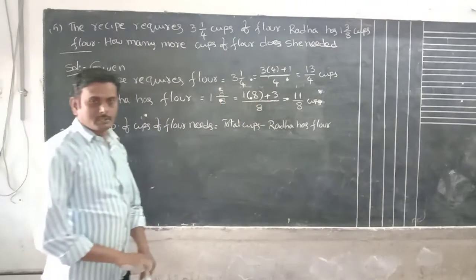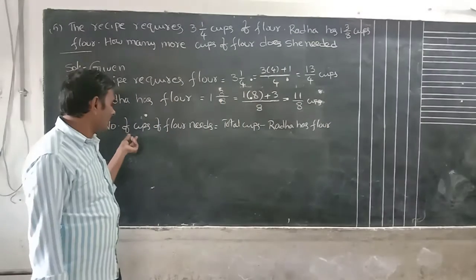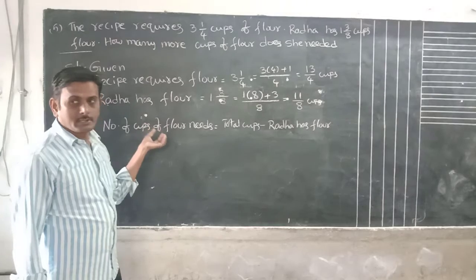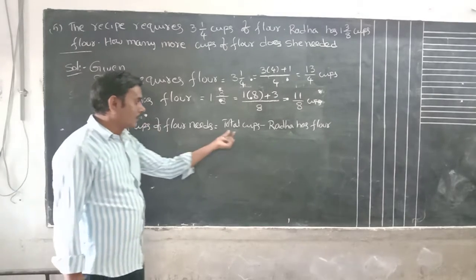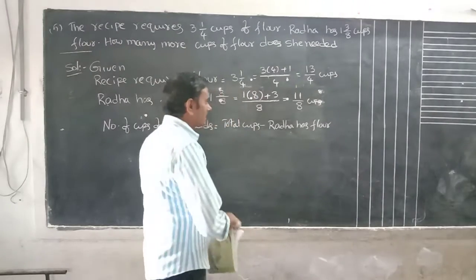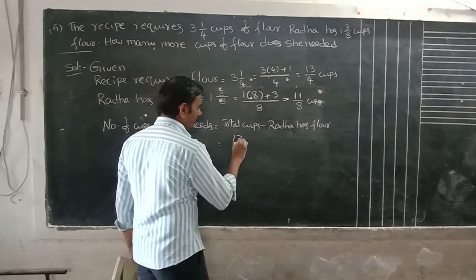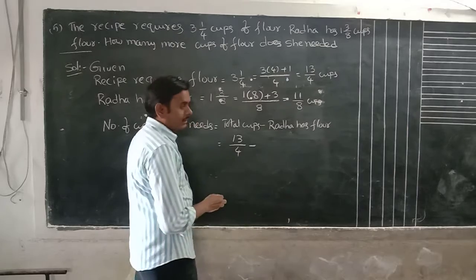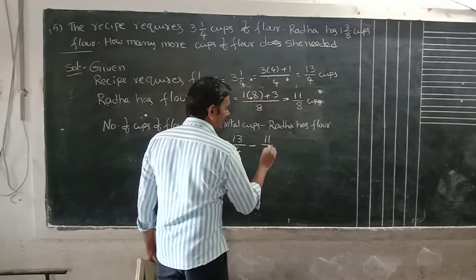What is the solution? I want to know the number of cups needed. So total cups minus Radha has flour. Total cups is 13/4 minus Radha has 11/8.